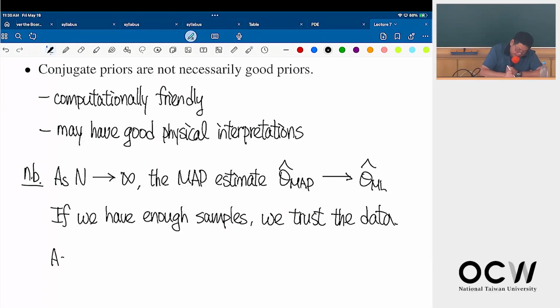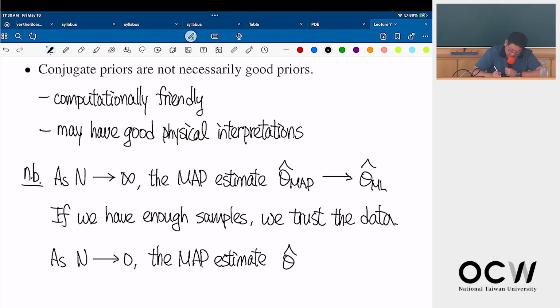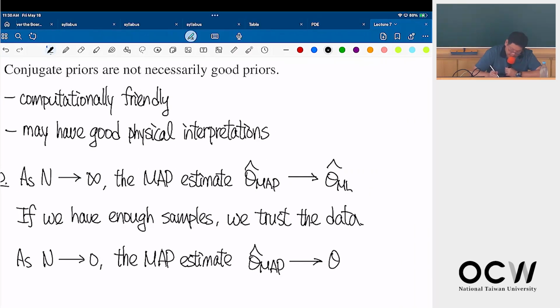But if we have fewer observations, then the MAP estimate will go to theta naught, like the prior.